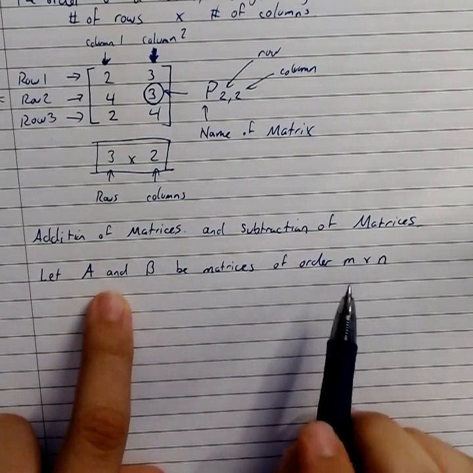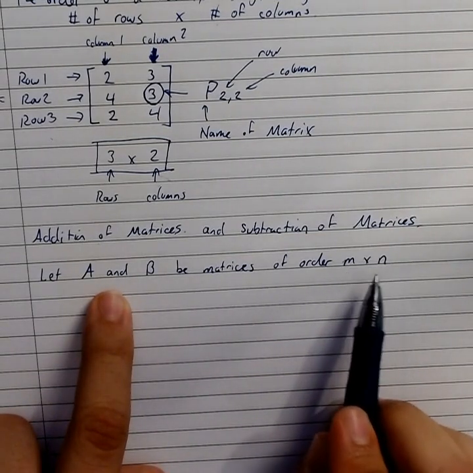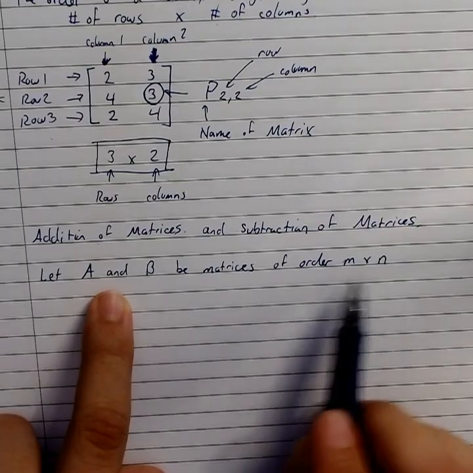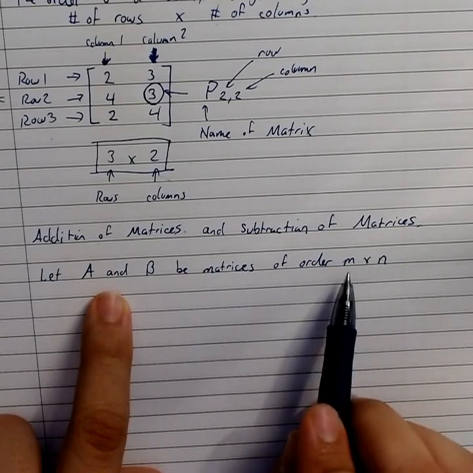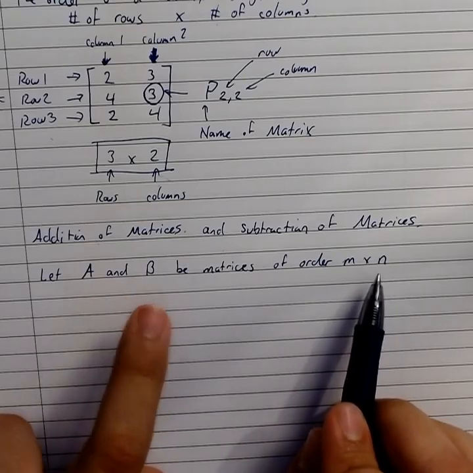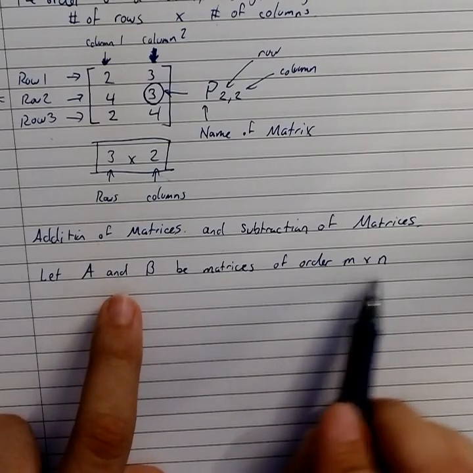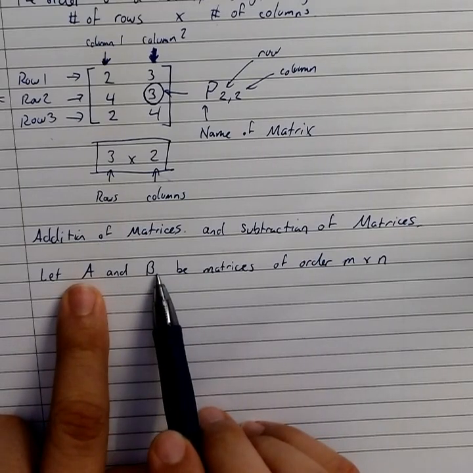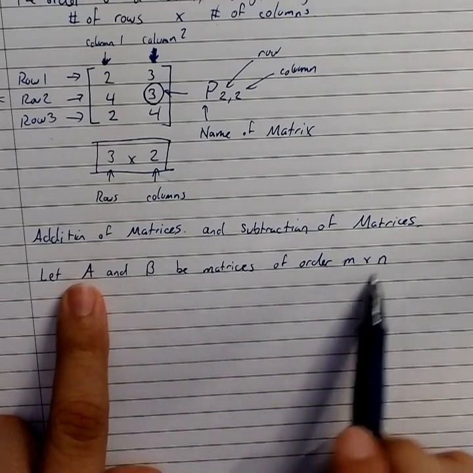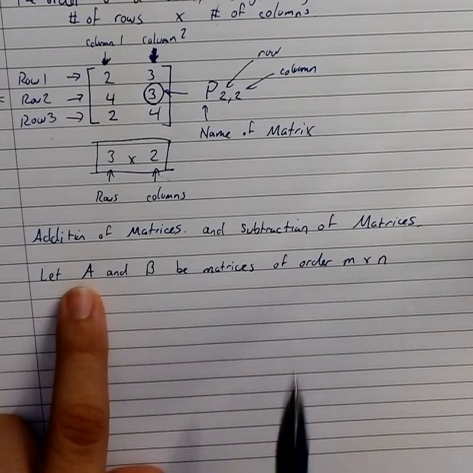So these matrices both have that number of rows and that number of columns. Notice we don't have any specific numbers, so it doesn't matter what our number of rows and columns are, as long as both matrices share that order. If you have two matrices that don't have the same order, then we can't do this. You have to have the same order.